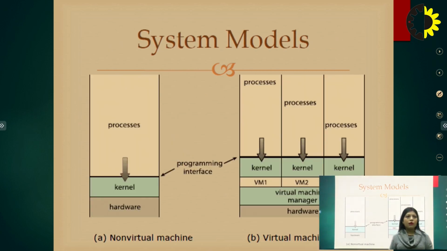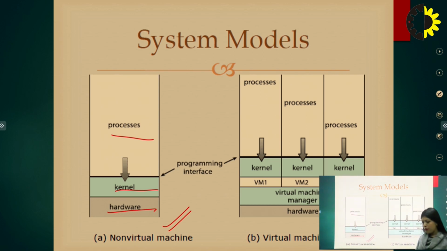This is the system model. This is the non-virtual machine: there is only one hardware, one operating system, and one application. But in the virtual machine, there is one hardware, and after the hardware there is a virtual machine manager.